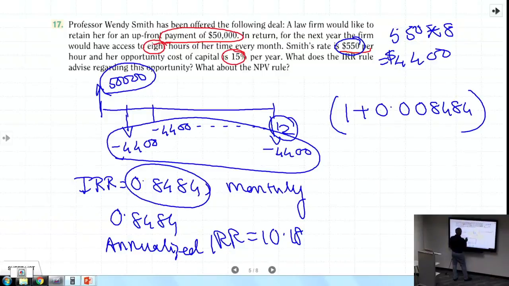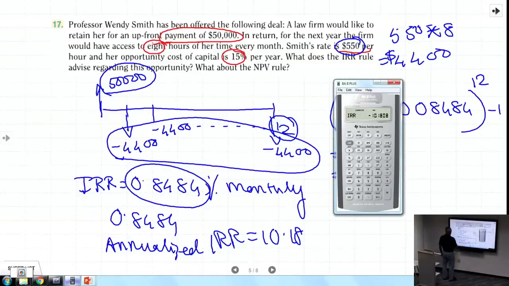Because 0.8484 is in percentage. So 1 plus the monthly rate, I raise that to the power 12, and I subtract 1 from it. And that gives me my equivalent annual rate.